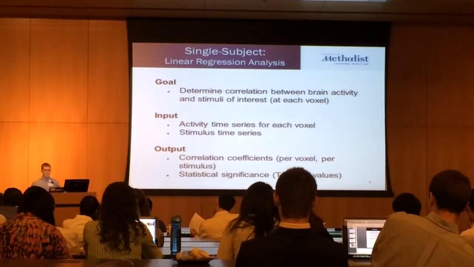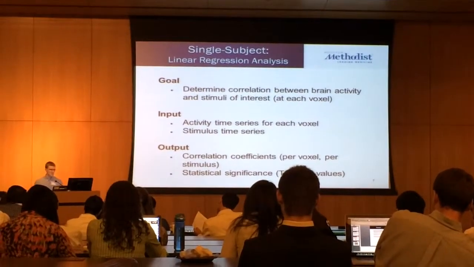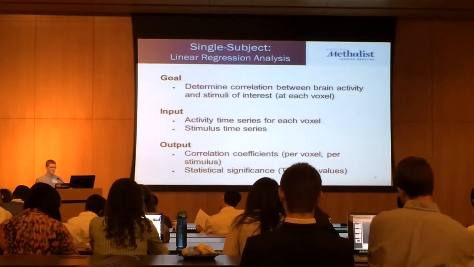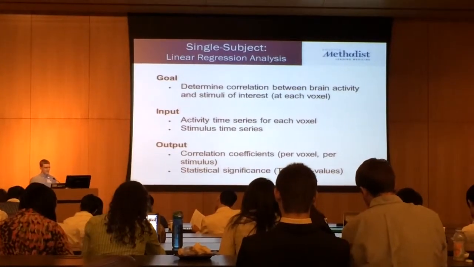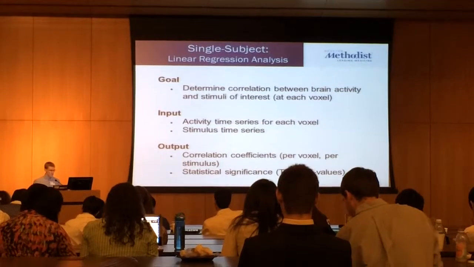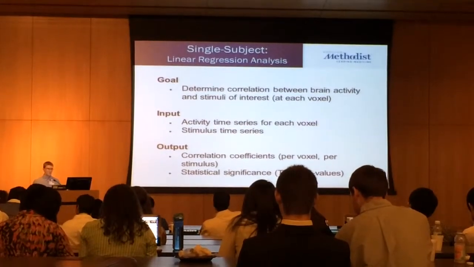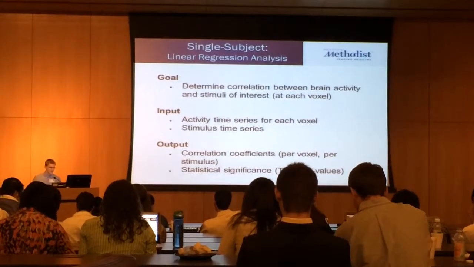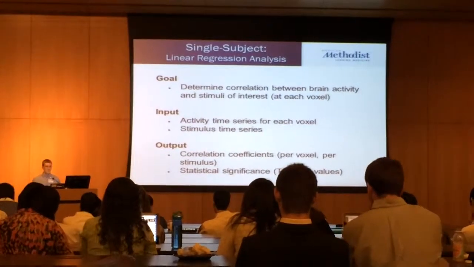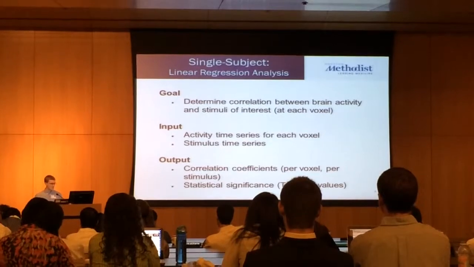Then the major step in analysis is actually linear regression. The goal here is to determine the correlation between brain activity and a stimulus of interest per voxel. So for each voxel in the brain, you want to determine how well that correlates with a given stimulus.